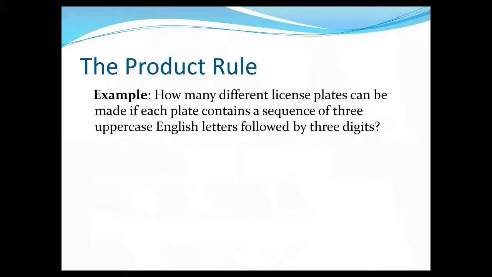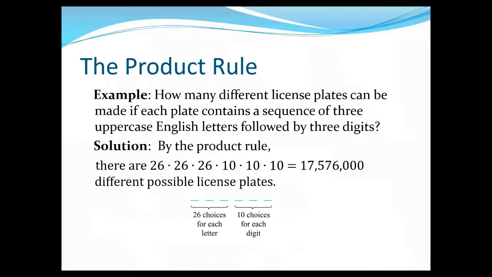To get all possible plates, we just multiply 26, 26, 26, by 10, 10, and another 10. Again, why 26? 26 characters for the first position, 26 for the second, 26 for the third.